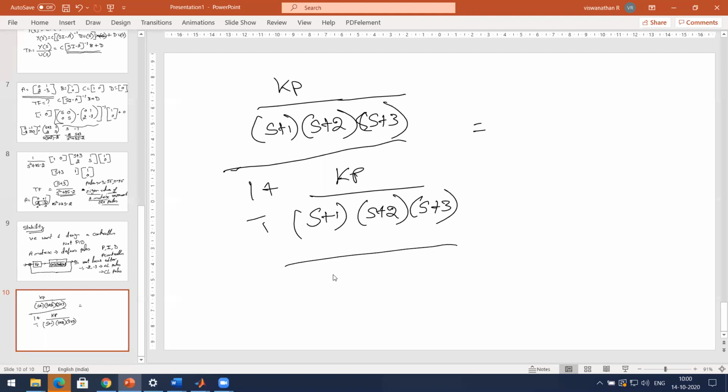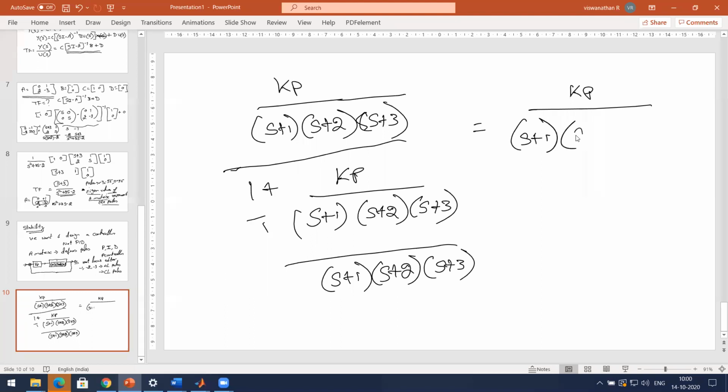If you take 1 here, it will be kp divided by (s plus 1) into (s plus 2) into (s plus 3) plus kp. Now, if I change the value of kp, will the closed loop poles change?